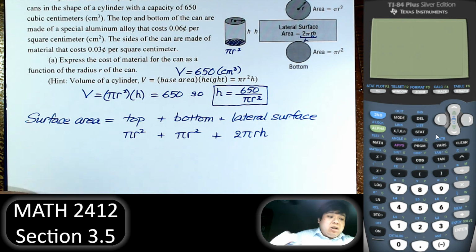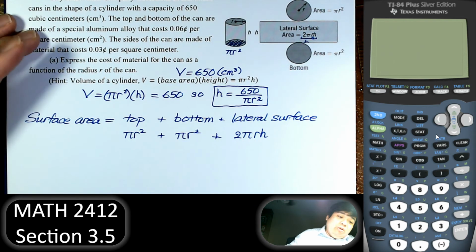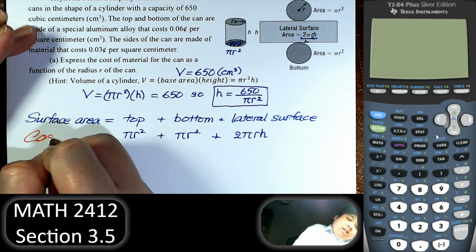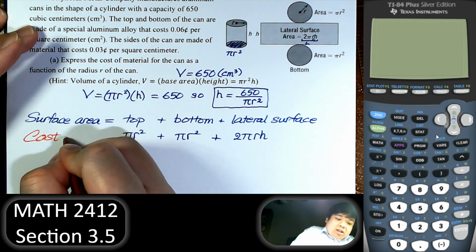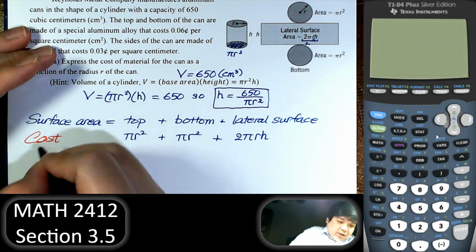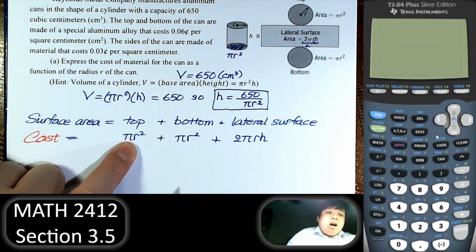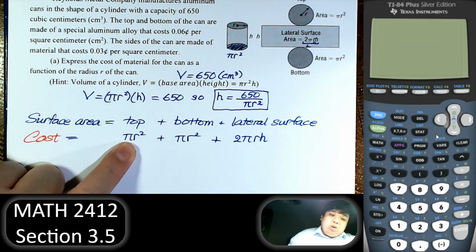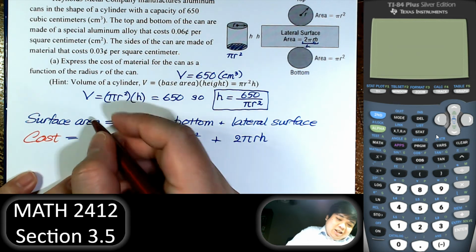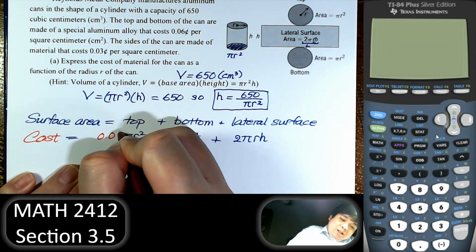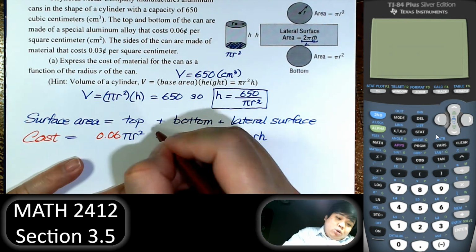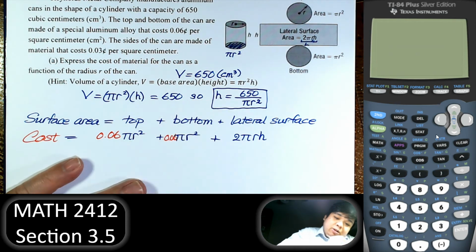But the cost is different than that, because we focus on the cost function, right? The cost function says the top uses 0.06, this is the price, and the bottom also uses the same material.